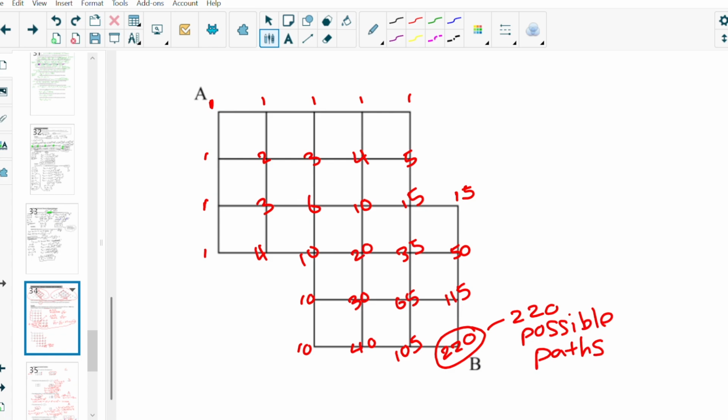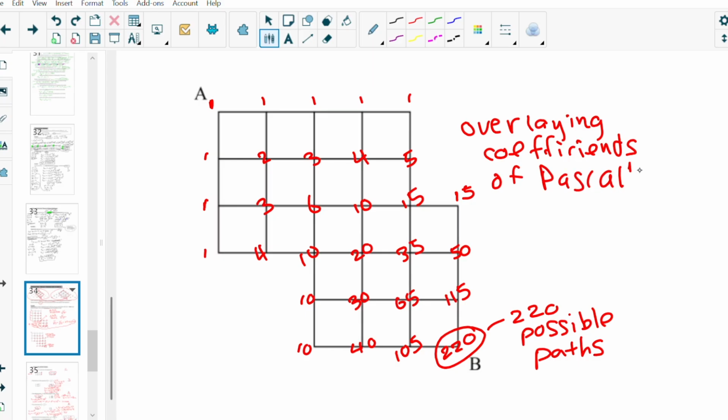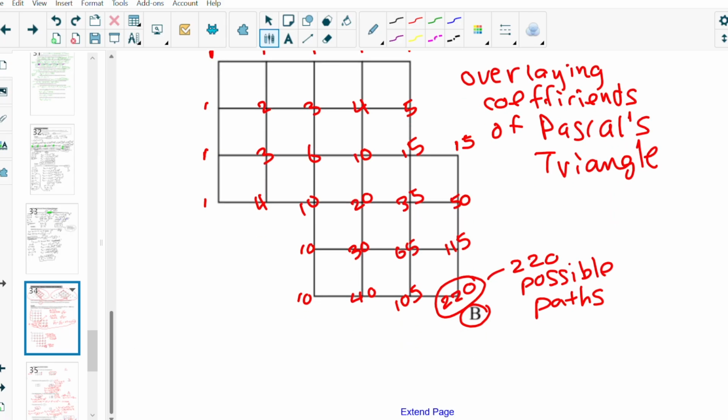Basically all we're doing is overlaying coefficients of Pascal's triangle. And once we get to point B, we have 220 possible paths.